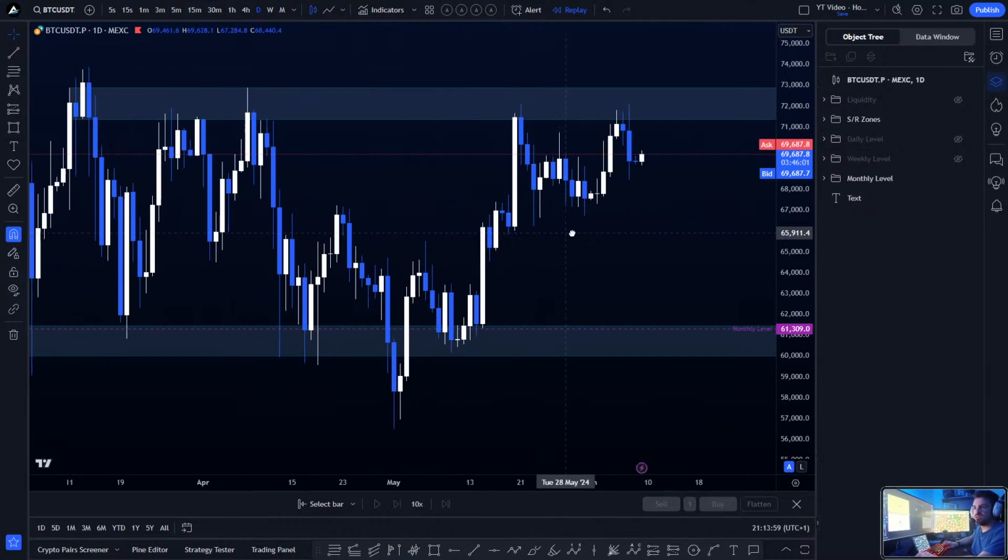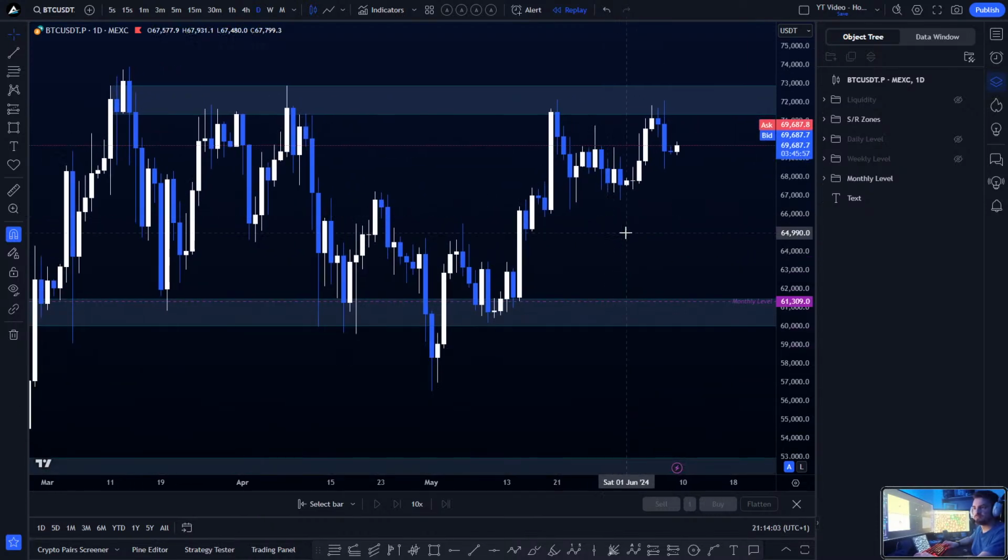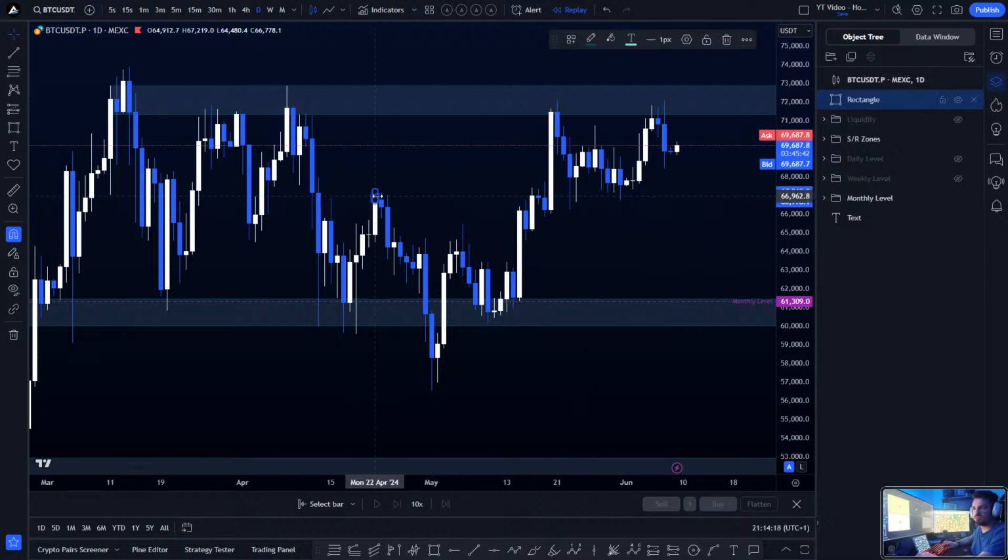Let's just do it on the daily for a little bit more of a micro perspective. I'm thinking if I mark these guys, seems like a nice pivot point, even though it was tested with this candle.